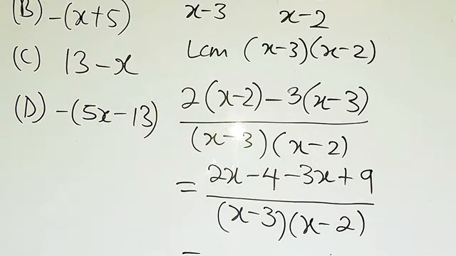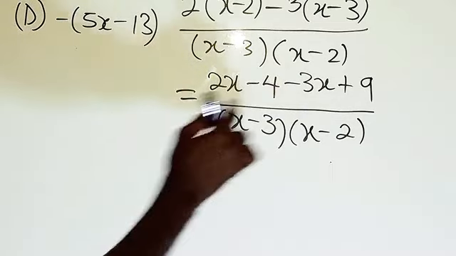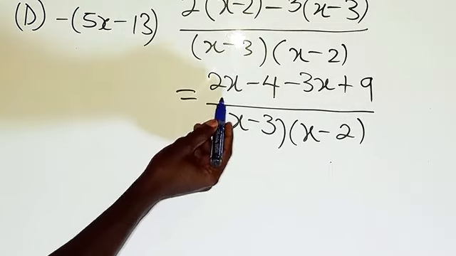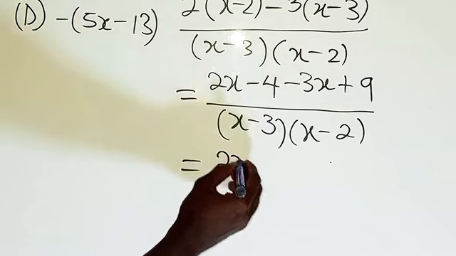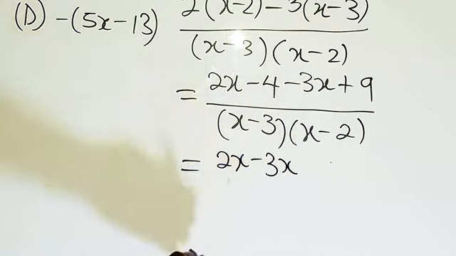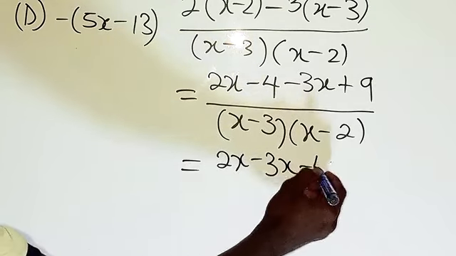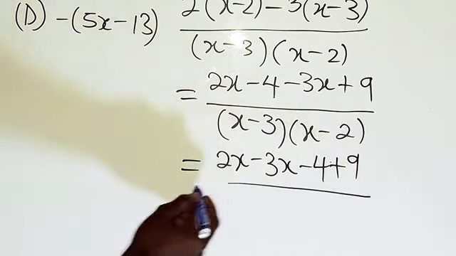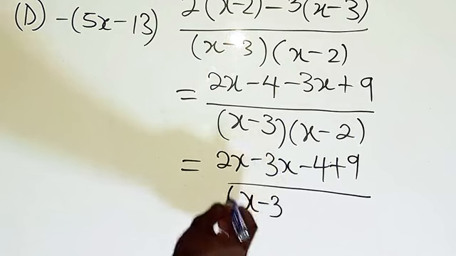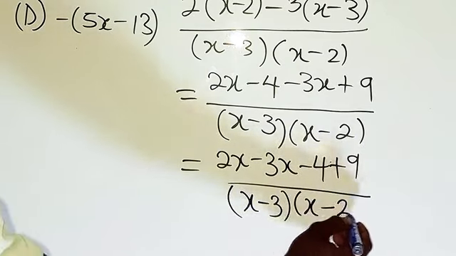So now we collect the like terms. 2x minus 3x will come together because they are like terms. Then we have minus 4 plus 9, divided by x minus 3, then x minus 2.